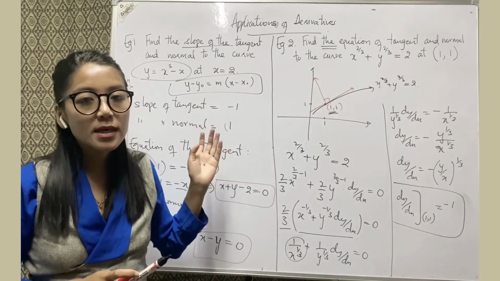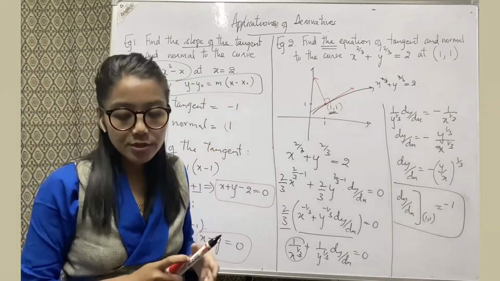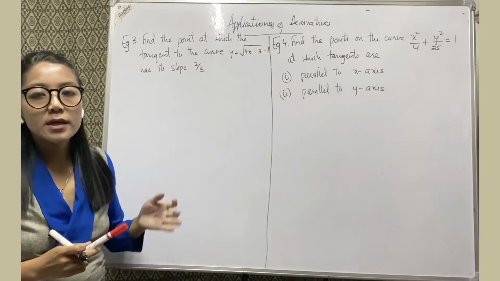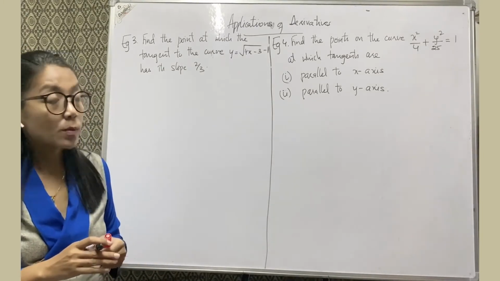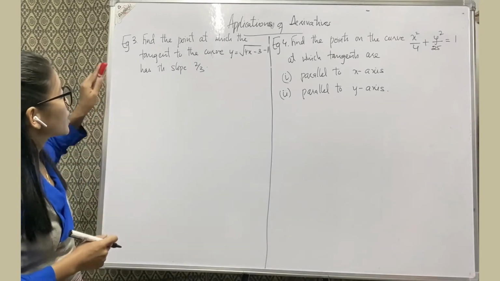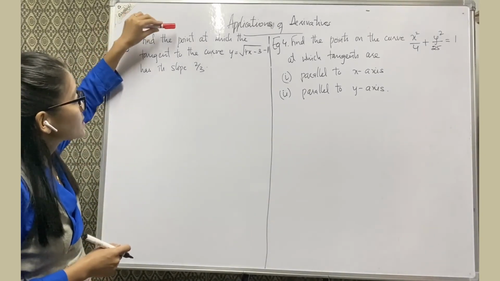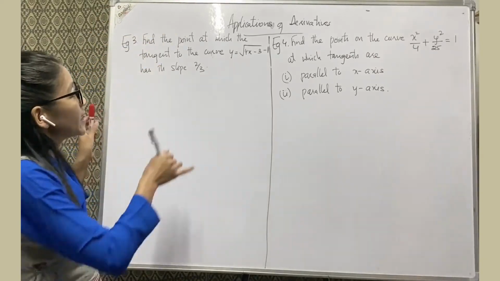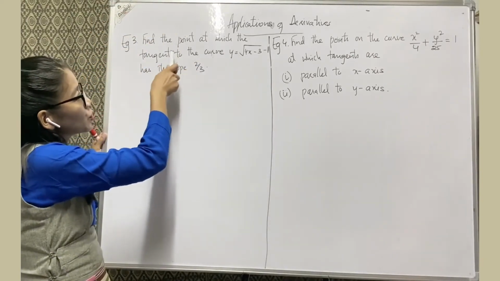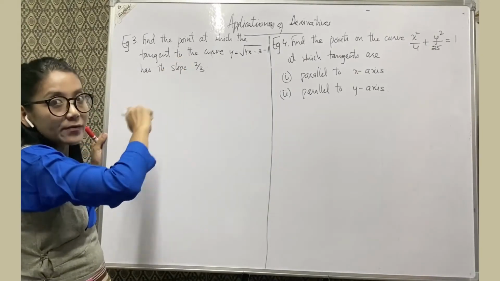Now we shall take the second type of question. Okay, now we are going to take the third type of question on the topic tangents and normals. Look at this question. Find the point at which, it means find the point on the curve at which the tangent, so at that point you will have a unique tangent.